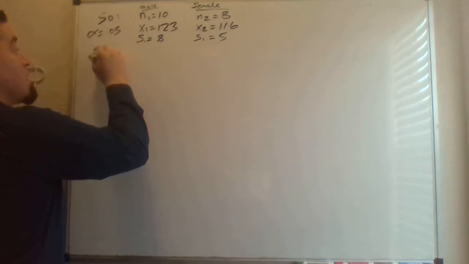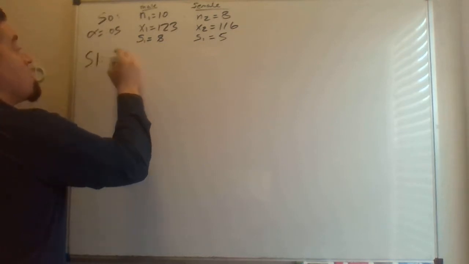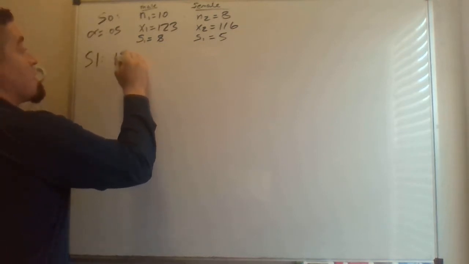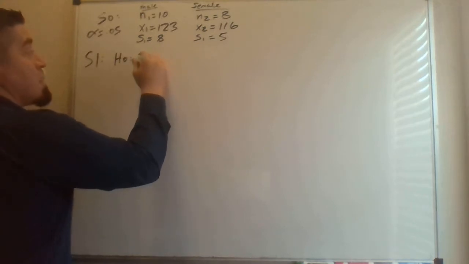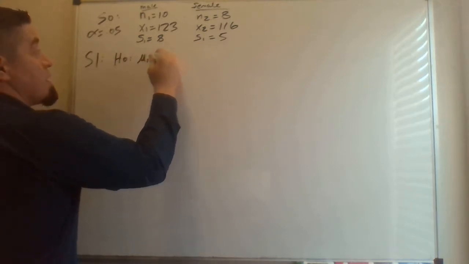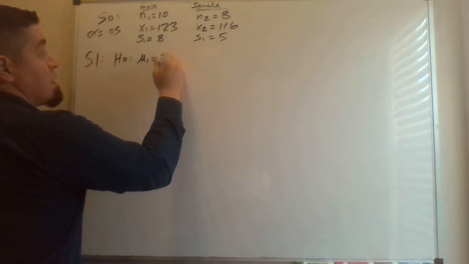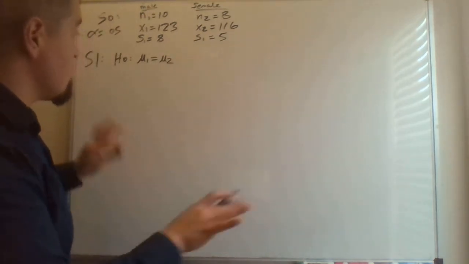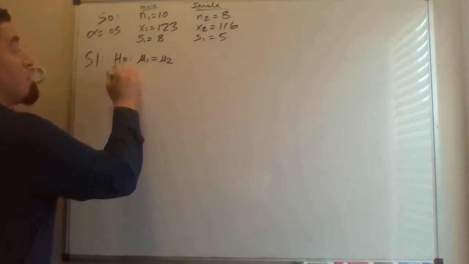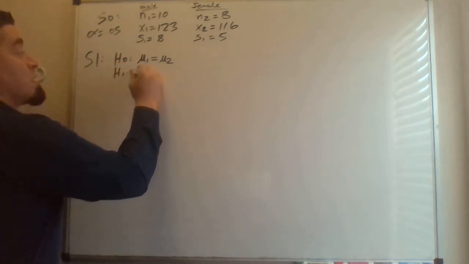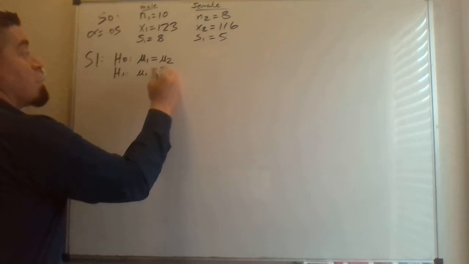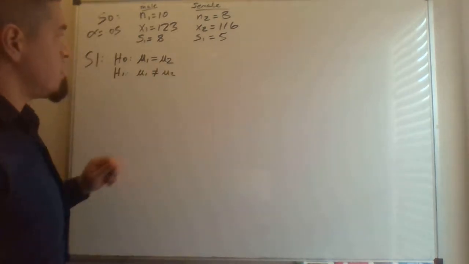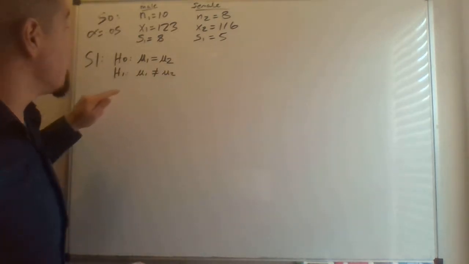So I'm going to write my step 1, which is my null hypothesis, and I'm going to say that the mean weight of 1 is equal to that of 2. The null is that they're not different, right? We speculate no difference. The alternative is where we're going to say, yeah, that they're different. Now, keep in mind this can be written in one of two ways.